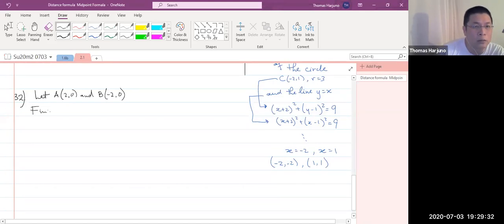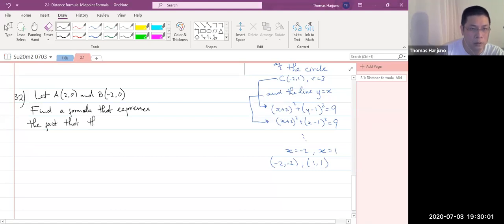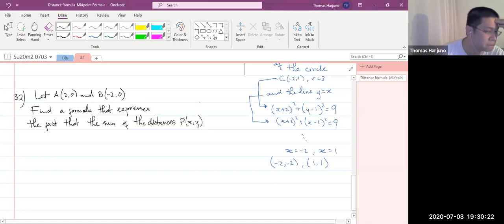Find a formula or an equation that expresses the fact that the sum of the distances from P(x, y) to A and to B is 5.